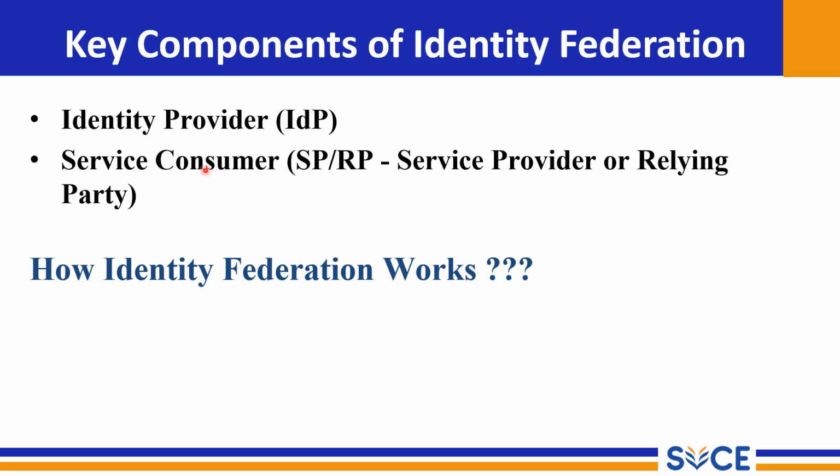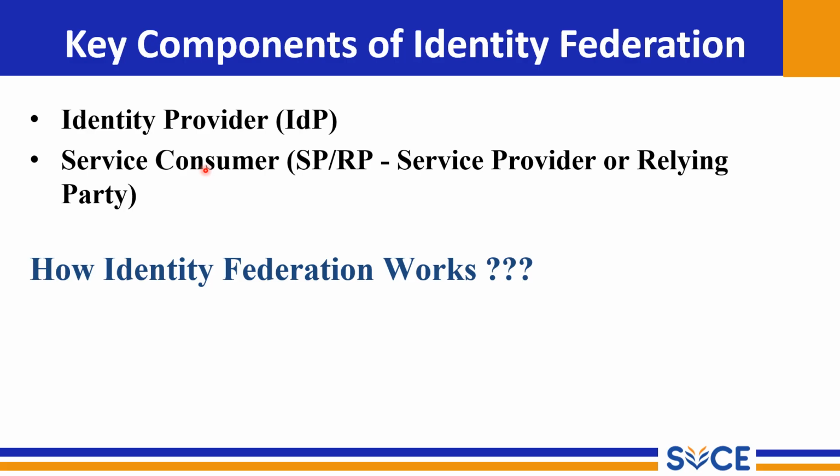A service consumer is a system, application, or service that relies on the identity provider for authentication. Examples are AWS, Azure, or Google Cloud services, internal corporate applications, or SaaS applications like Salesforce, Dropbox, and Microsoft 365.